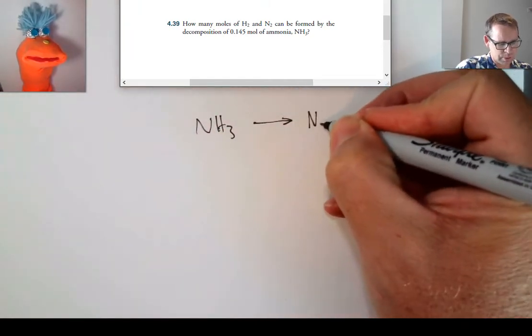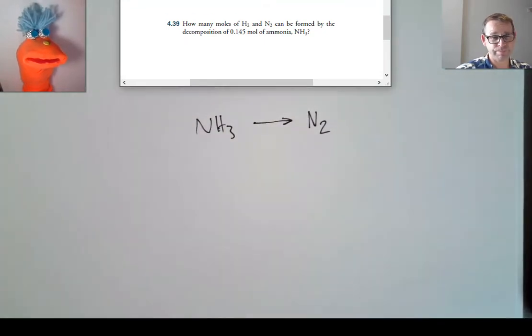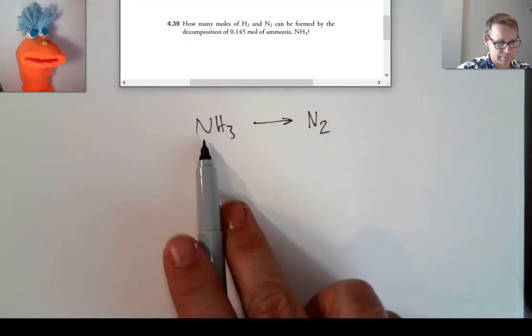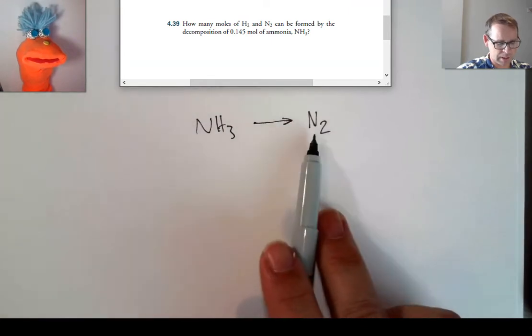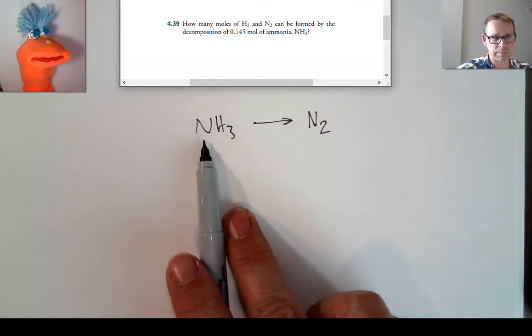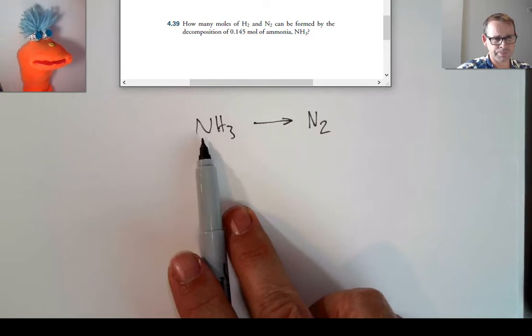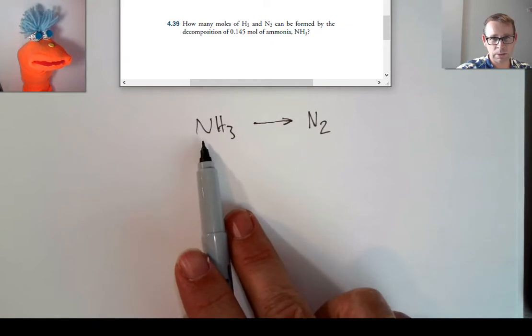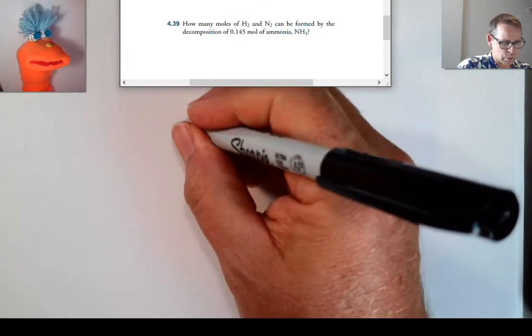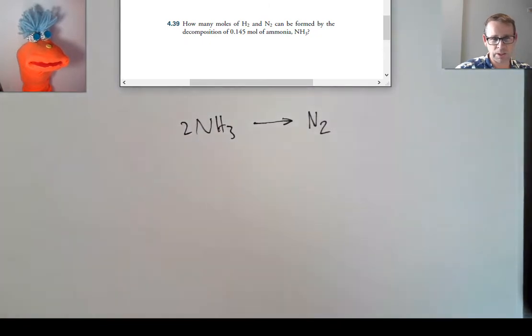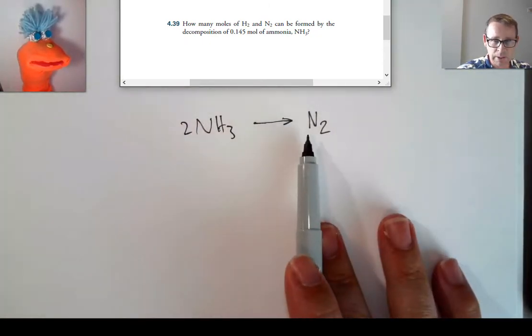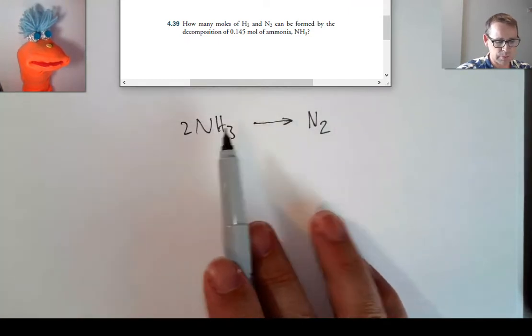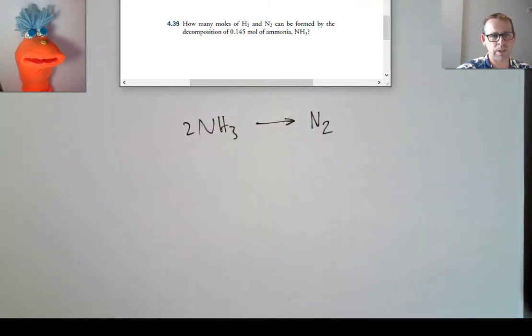If this is going to create some N2, how many N2s am I going to get for every one of these? Can you see that? Not really. Well, I have 2 nitrogens in N2, and I only have 1 nitrogen in NH3. So it's going to require 2 NH3s for every N2. Now, this isn't a balanced statement. It's just recognizing that if I'm getting out N2, then I'm going to need 2 of these for every N2 that I get out. Do you see that?